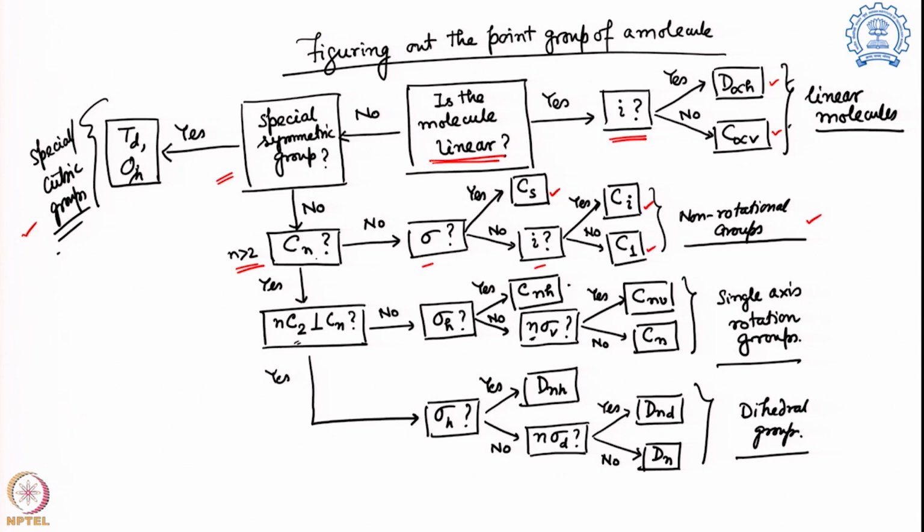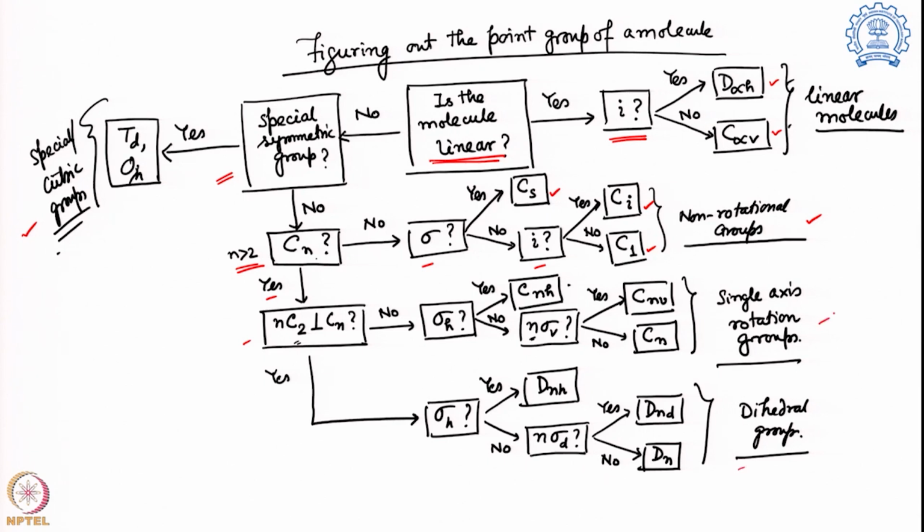Now, if the molecule has this Cn axis, then the possibility is that it will be a single axis rotation group, Cn based, or a dihedral group, Dn based. The main factor which differentiates them is whether you have n number of C2 perpendicular to it or not. If you do, then it belongs to the dihedral group, if not, it belongs to the single axis rotation group.